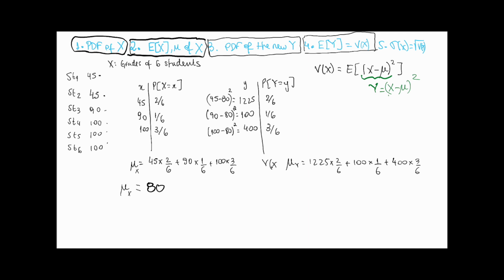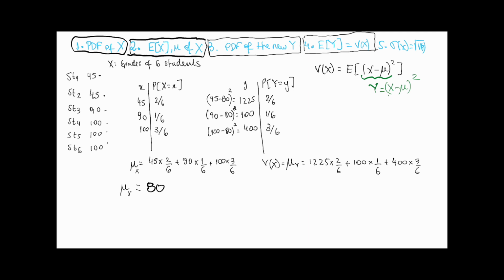This mu is actually the variance of your original value, and I will give you this answer.